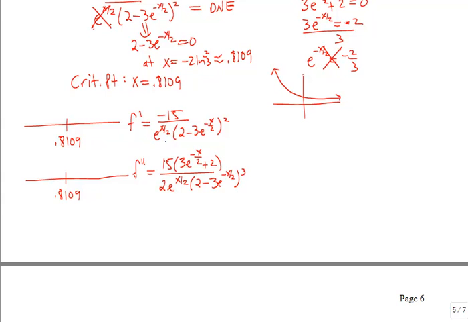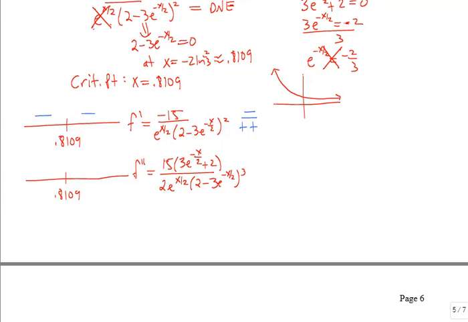If I tried 0, for example, into this, that would be a number less than 0.8109. The top is obviously negative. e to the 0 is 1, so that'll be positive, and this quantity is being squared, so that'll be positive. So this whole thing will be minus. Now if I tried something like positive 1, the numerator will still be negative, e to the 1/2 is positive, and this quantity is still squared, so that will also be minus.